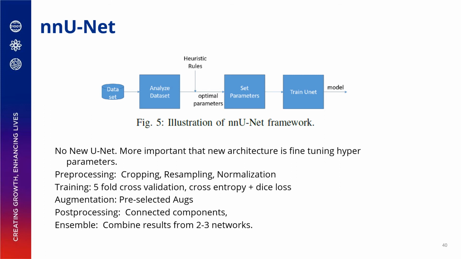If you're looking for vessels, chances are this just doesn't stop in the middle of the image, so it should be a continuous segmentation. This is how they improve the results further in the post-processing step. And they combine two or three networks together as part of an ensemble. So they even explore whether they should just use one network or a weighted combination of multiple networks to get the best results possible.